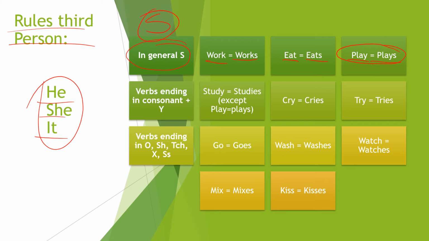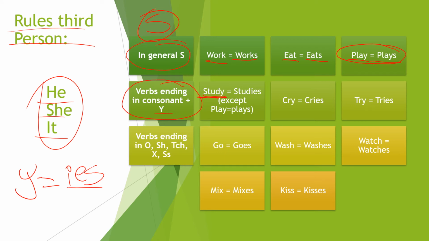Well, that's the first rule. Most of the verbs, just a simple s, and that's it. Nothing else. But on the other hand, we have this. The second rule: verbs ending in consonant plus y. For example, we have study. Then we have to convert that y into i and then add es.